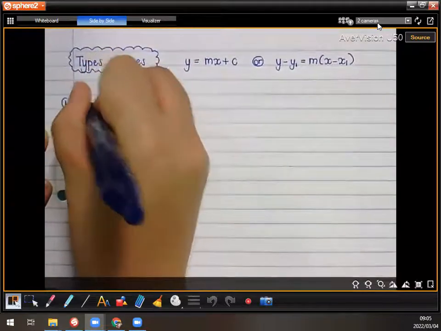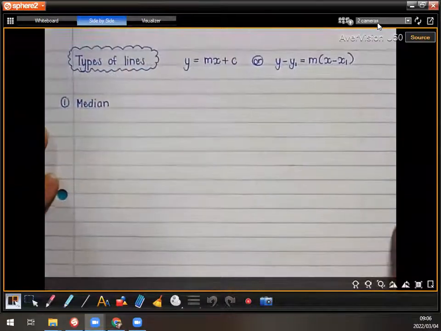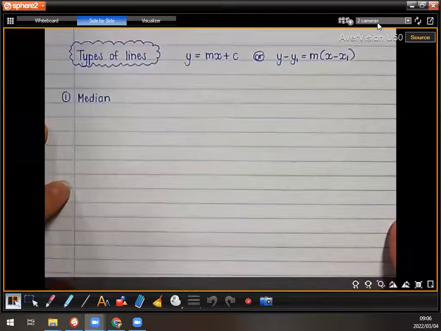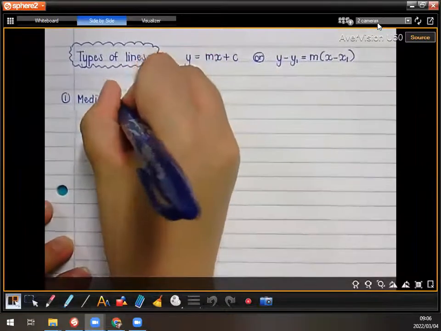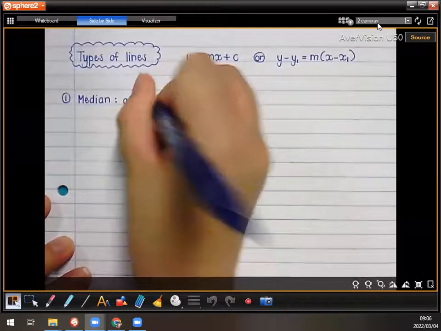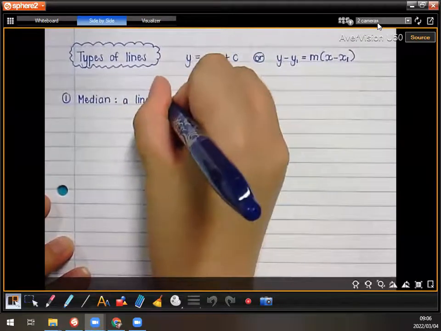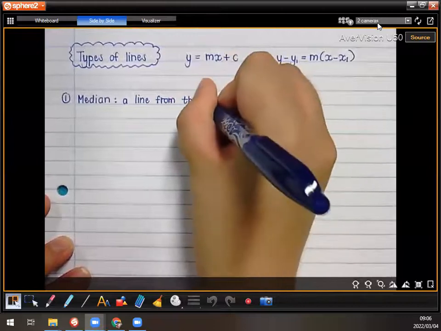So the first one is the median, which you have heard that term before in stats, in data handling. The median is the number in the middle. All right, so this is similar to that. The median is a line from the vertex of a triangle.